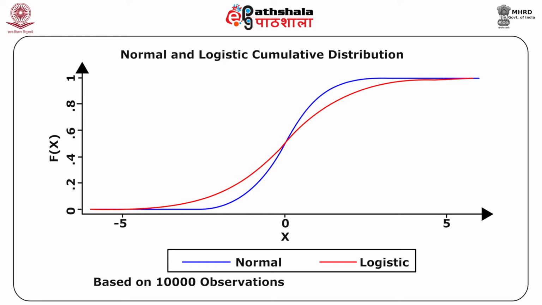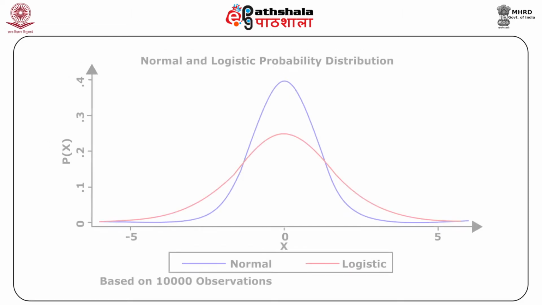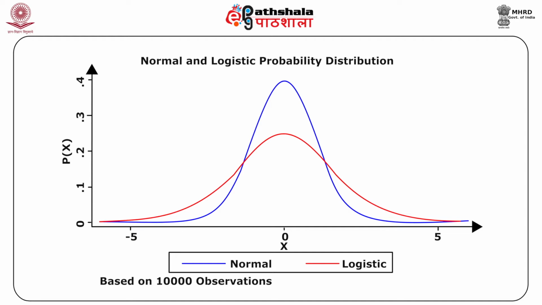We have the corresponding graphs, which are based upon 10,000 observations. The graph above gives the cumulative logistic and normal distribution. The logistic distribution gives a higher probability in the beginning. That is because the logistic probability density, which can also be seen in the graph, has fat tails in comparison to the normal distribution.